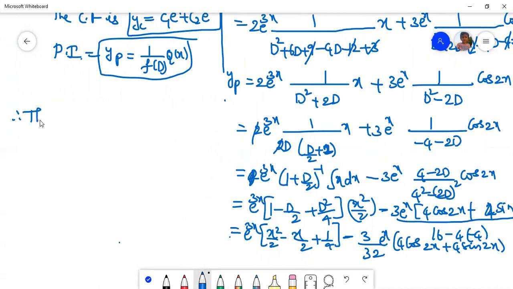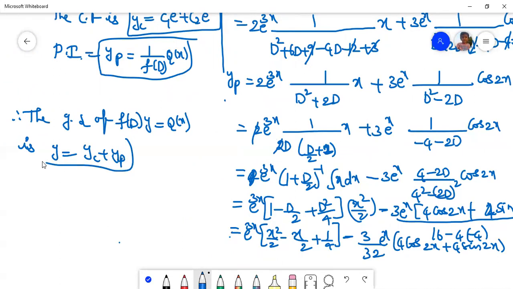Therefore, the general solution of f(D)y = Q(x) is y = yc + yp.